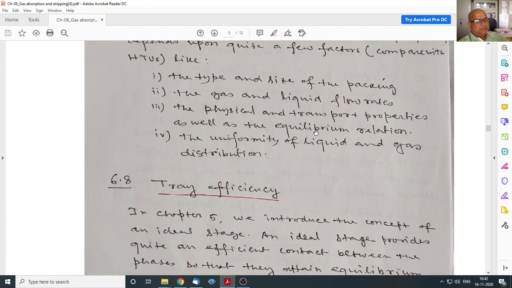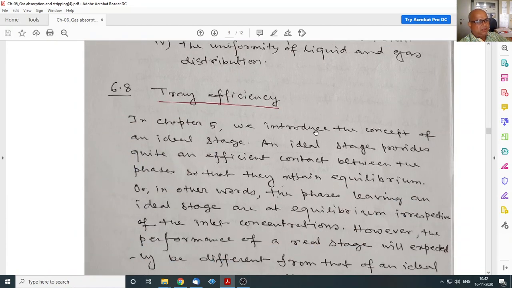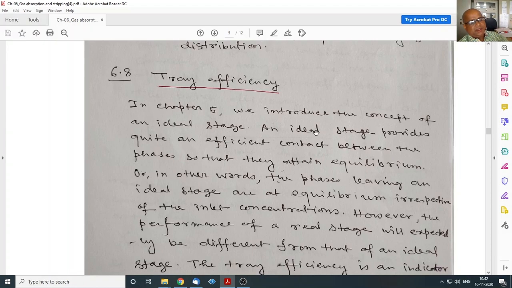Okay, now the last thing of this chapter is tray efficiency. I told you that tray efficiency would be 100% when, for a particular tray, the gas leaving the tray and the liquid leaving the tray, meaning yn and xn for the nth tray, are in equilibrium.